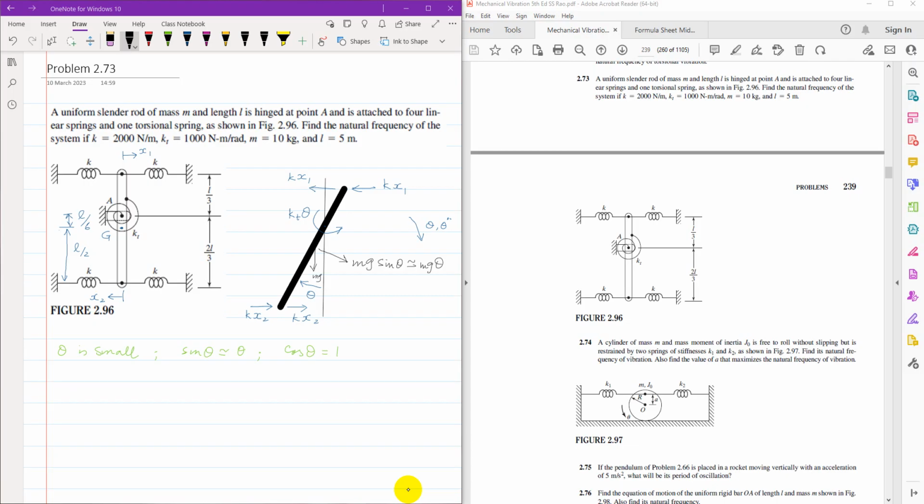One perpendicular to the rod, which is mg sine theta, and one parallel to the rod, which is mg cosine theta. As mg cosine theta is passing through the point of rotation A, it is not contributing any moment, so mg sine theta will contribute. And based on the assumption, sine theta is nearly equal to theta, so it is mg theta.